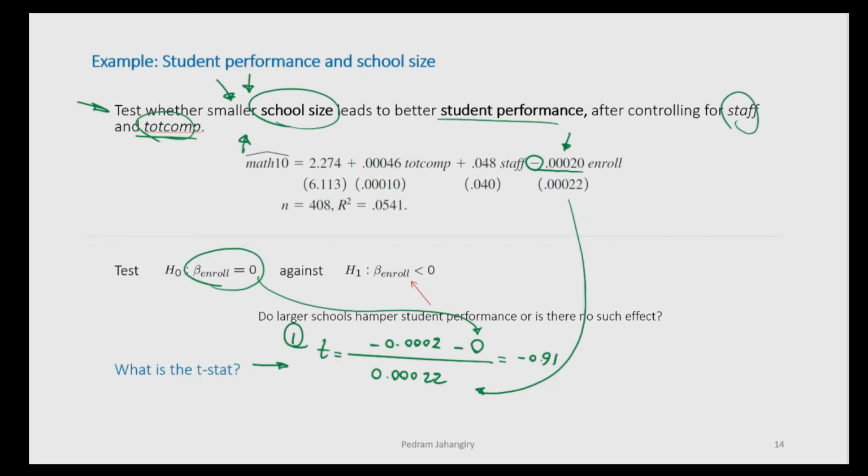Step number 1. Step number 2, what is your tolerance level? So let's say my tolerance level is 1% or 10%. We're going to look at different numbers. For that, you can quickly plot this distribution, and it is left-tailed, so we are interested in this tail. So let's say this is 10%.